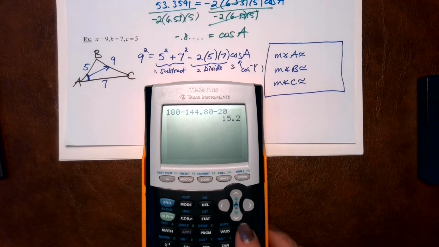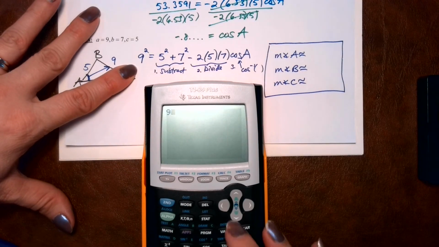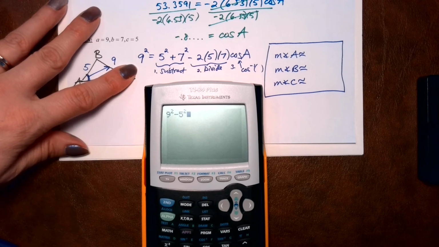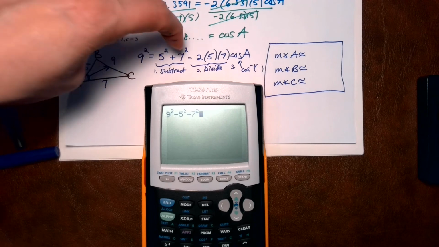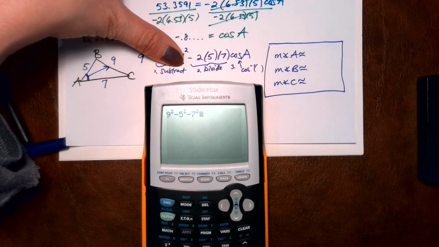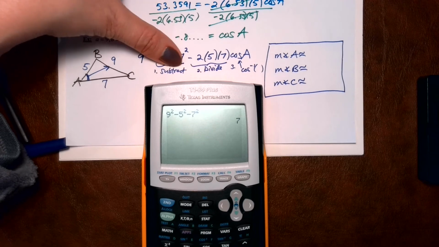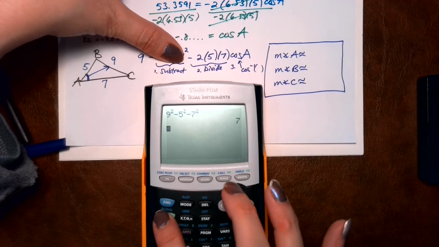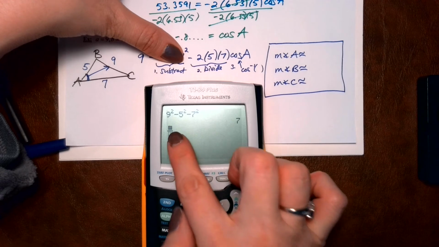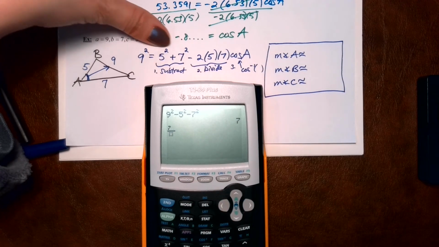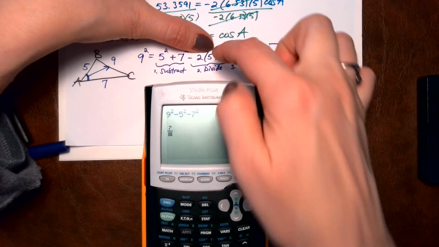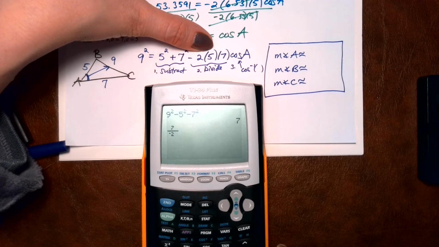Clear this out. We've got 9 squared. We're going to subtract 5 squared and subtract 7 squared, so we're subtracting those two from the right side. Now maybe what I'll do is use alpha y equals to get the fraction command. Now we're going to grab the 7, and we're going to divide by negative 2 times 5 times 7.